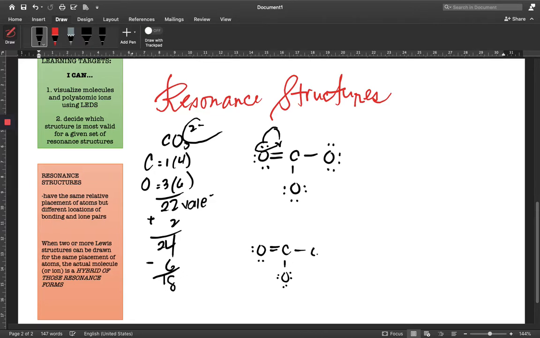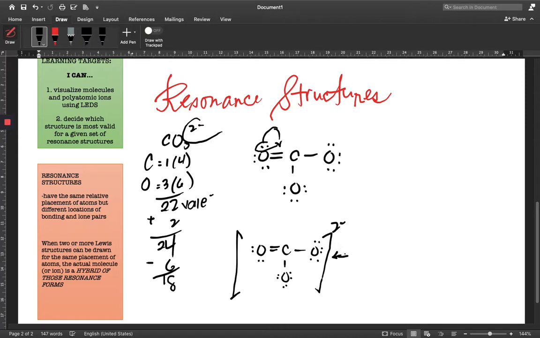All right, O, 1, 2, 3, 4, 5, 6, and then we enclose it in a bracket to represent that the species is a charged particle and it must have gotten 2 more electrons, right? So this is one valid structure, or valid LEDs, for the carbonate ion.